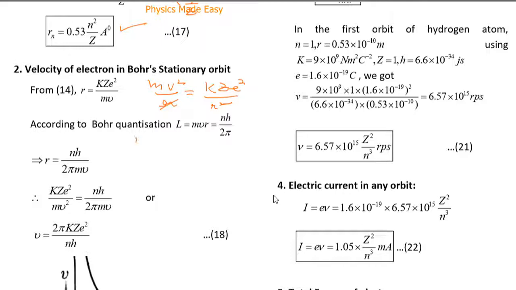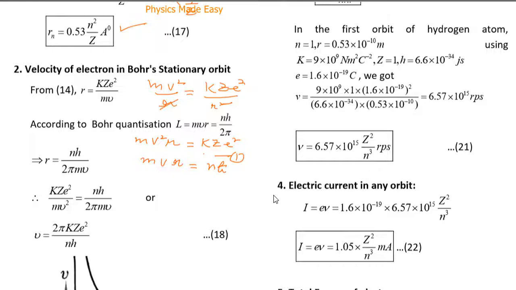So again what I got was m v square into r is equal to k Z e square. This is what I got from this equation. Let it be equation number 1. And on the same line, m v r is n h bar.